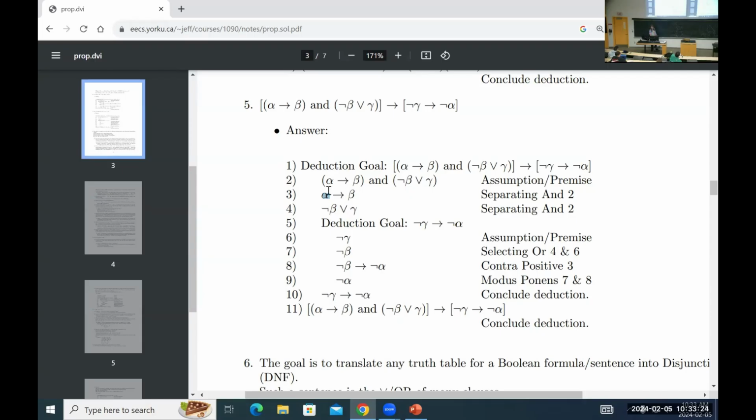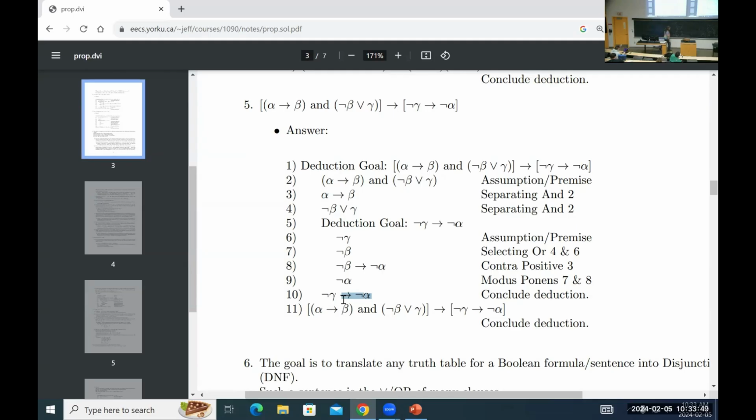Everybody get that? That's contrapositive: if alpha implies beta and beta is not true, then alpha is not true. Now we got down to not alpha, and what we wanted to prove is not alpha. So we're done. Does that make sense?